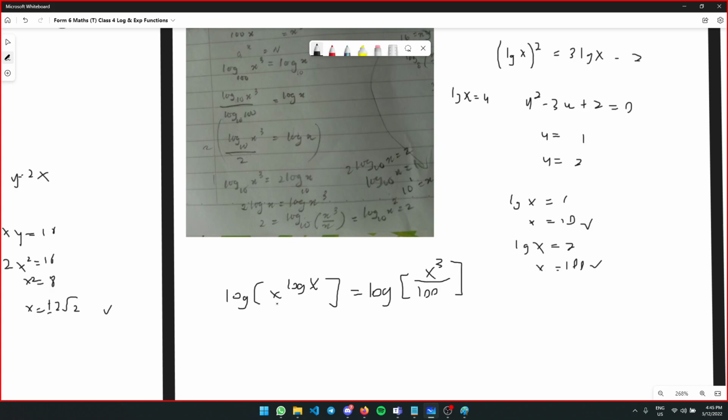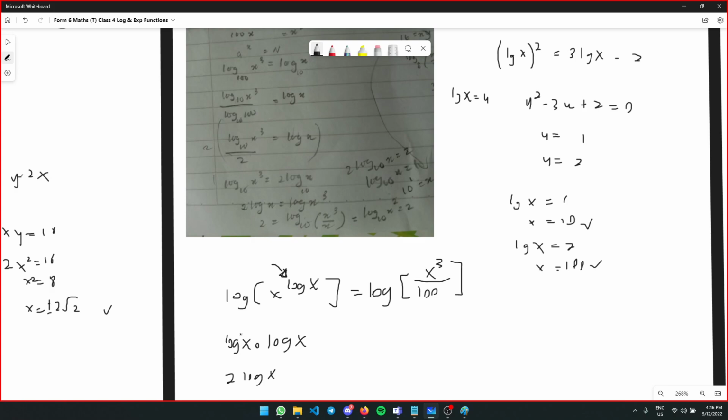When you do this, just remember you can pick up any power inside a log. So you can just take this out, it comes out as log x, and you multiply by log x. Why can't you write this as 2 log x?